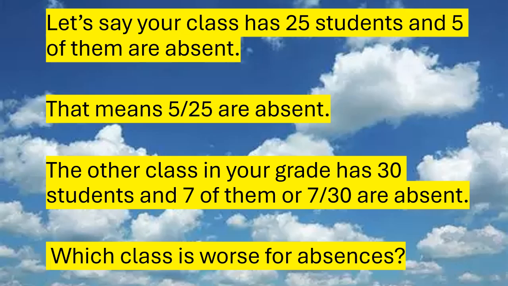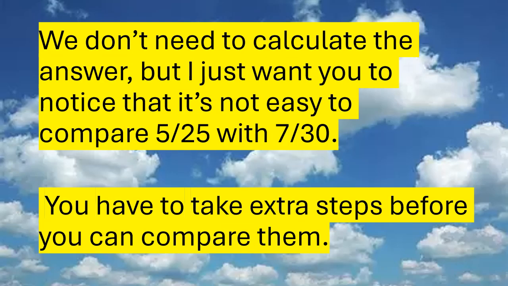The other class in your grade has 30 students and 7 of them are absent, or 7 out of 30 are absent. So which class is worse for absences? We don't need to calculate the answer, but I just want you to notice that it's not easy to compare 5 out of 25 with 7 out of 30. You have to take extra steps before you can compare them.